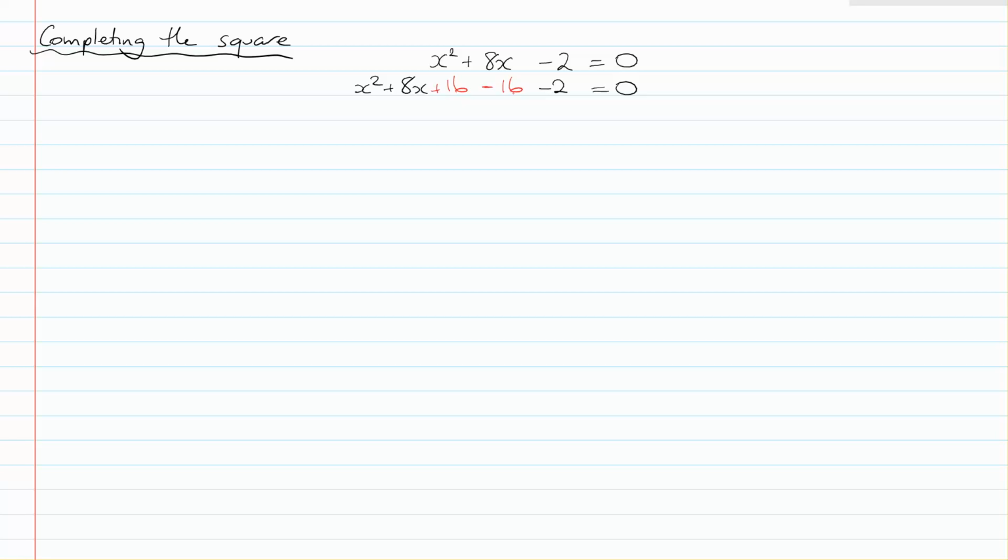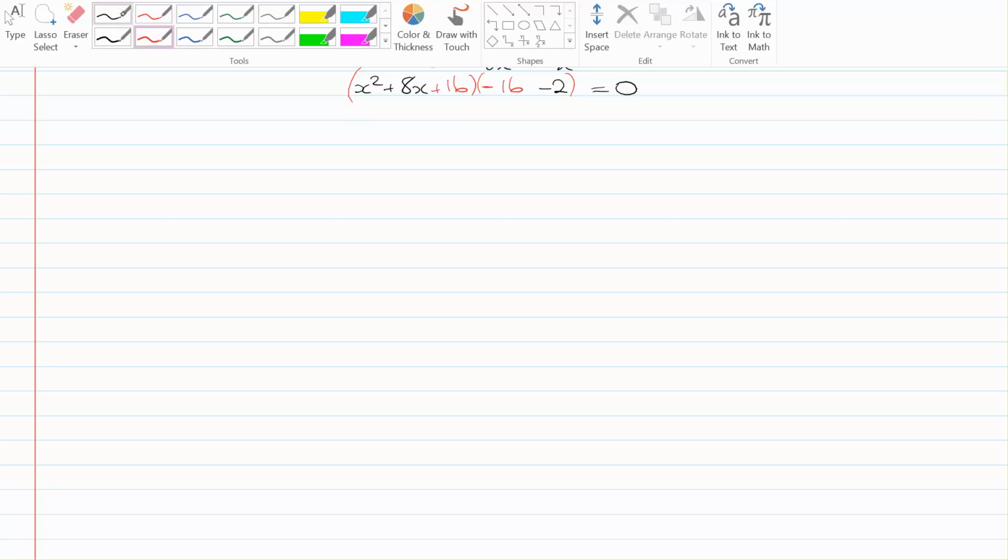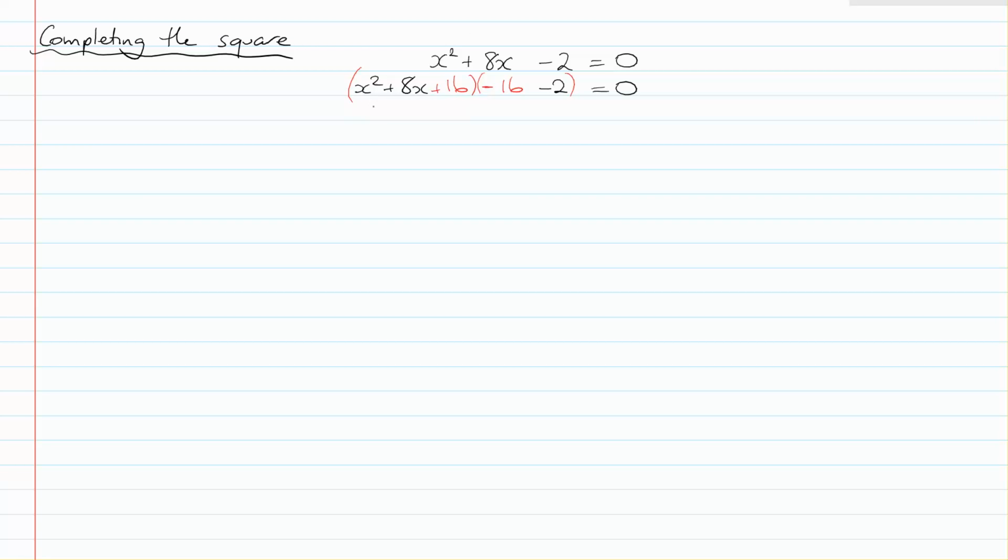x squared plus 8x plus 16, and then we subtract that extra 16 to make sure that it works. I'll put some brackets around here just to make sure that we're doing all these things together. And now we have (x plus 4) squared, and minus 16 minus 2 is minus 18, equals 0.